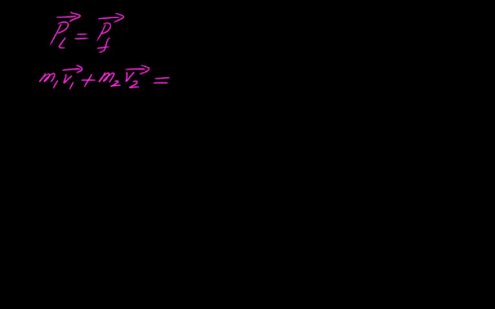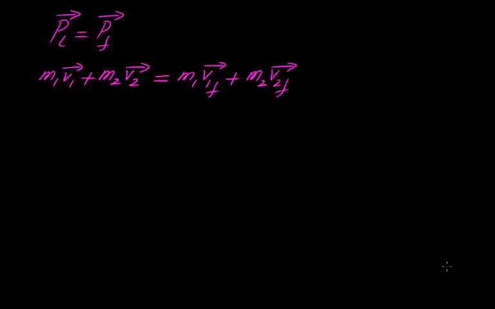After the collision, you have the mass m1 moving with the velocity v1 final plus the mass m2 times its velocity v2 final. Since this is a one-dimensional collision, we have the x component only.